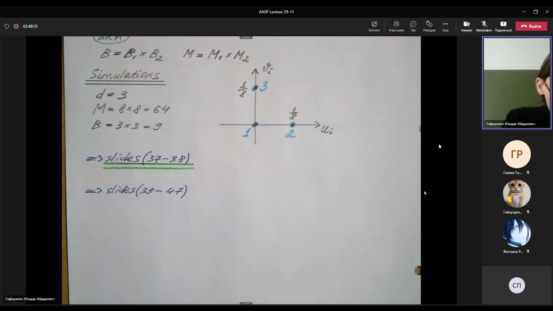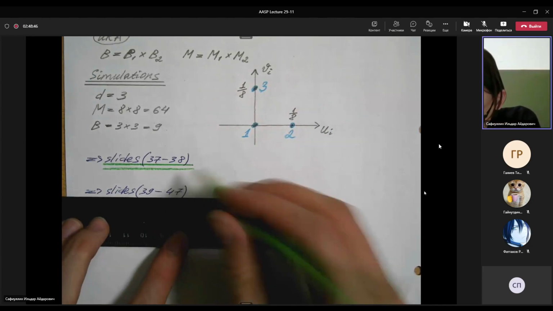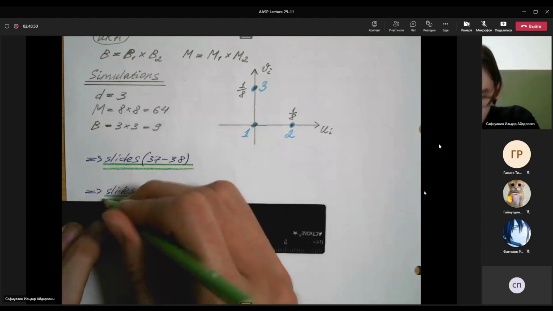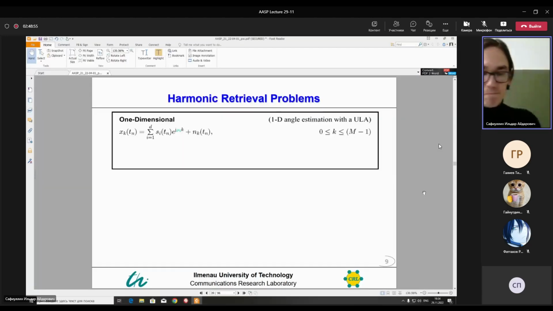And here we will have the 3 decays, I think. Then we use a 3D antenna array. So first, let's start with 1D.